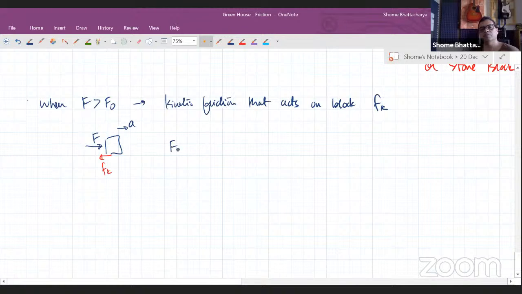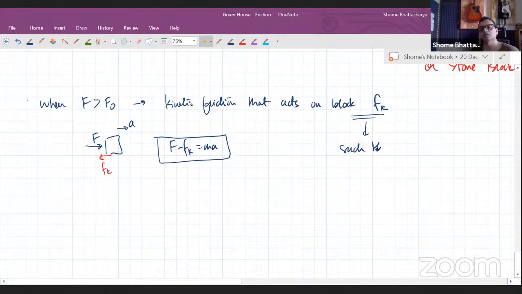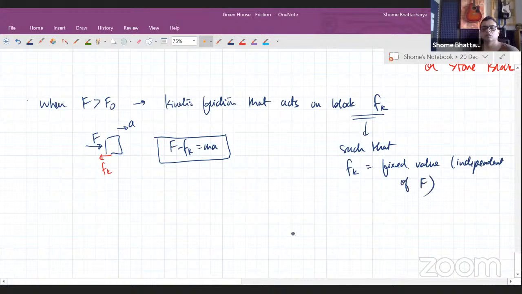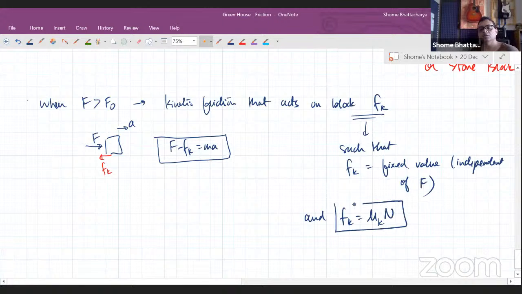So F minus kinetic friction will be equal to ma. This kinetic friction that acts on the block is a fixed value, independent of F.